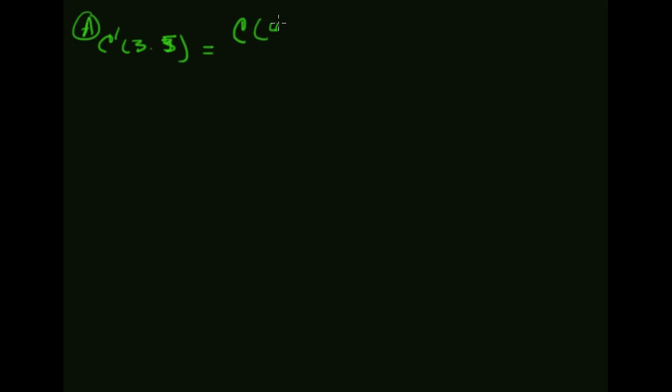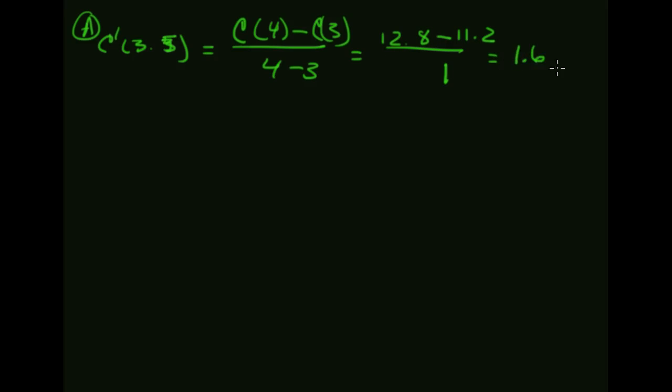So C of 4 minus C of 3 over 4 minus 3. That's 12.8 minus 11.2 over 1, which means about 1.6 ounces per minute that the coffee is pouring into the cup.